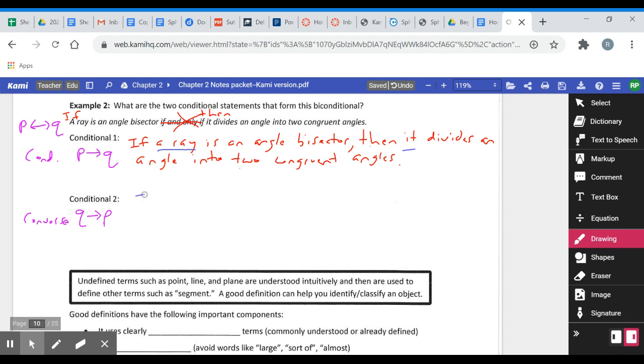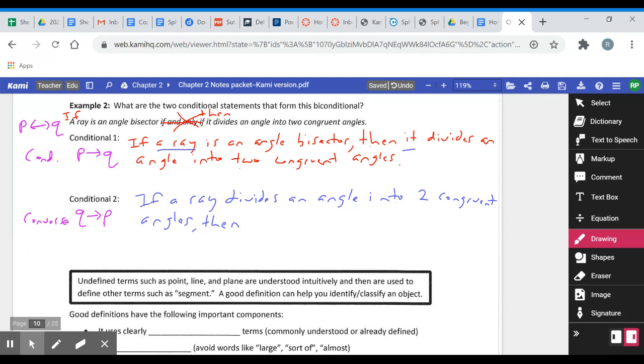So I'm going to start this off and say, if a ray divides an angle into two congruent angles, then it is an angle bisector.